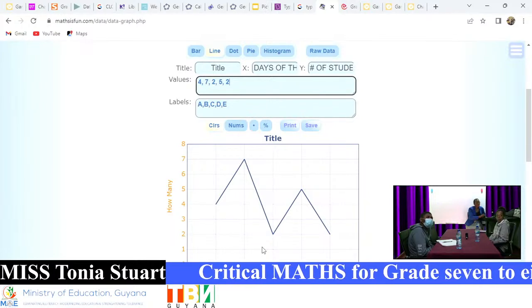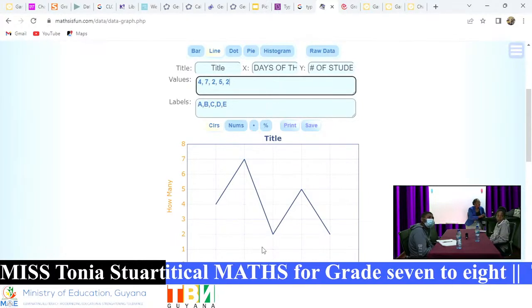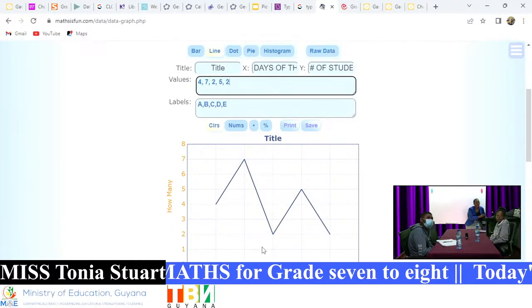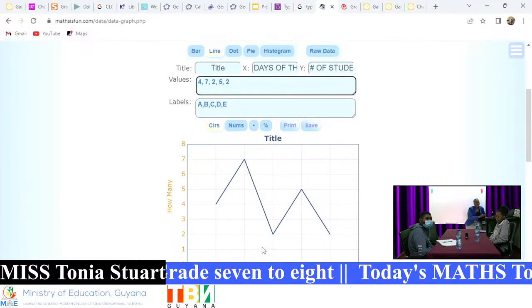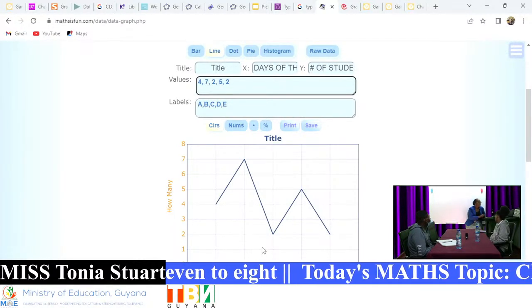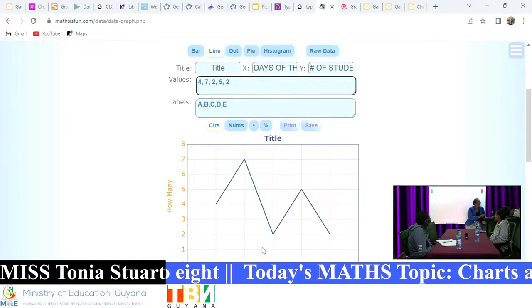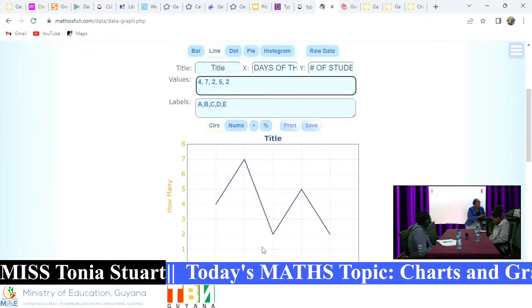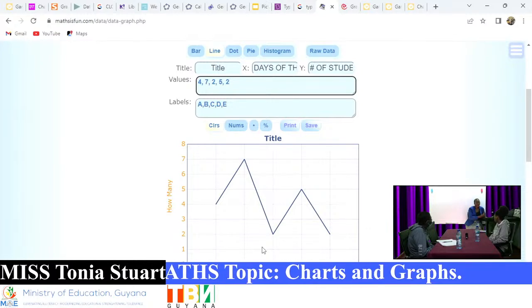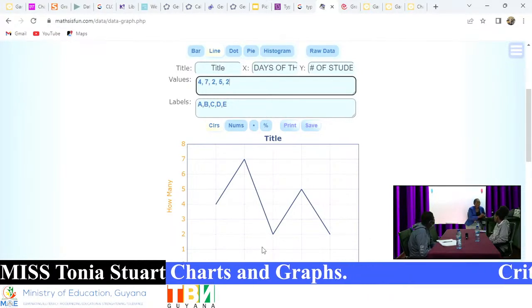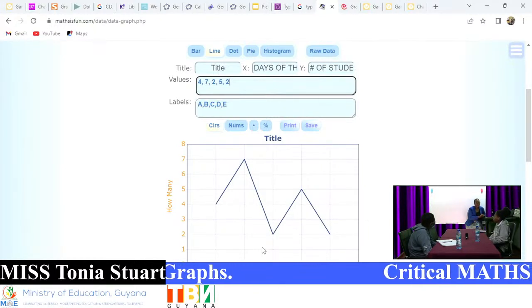That's a large number. And the following day, we had only 2 students. So if you were to randomly ask or even give a reason, what would be one of your reasons for such a large decrease? Tuesday, we had a large turnout. On Wednesday, we had a small turnout. What could be a reason?